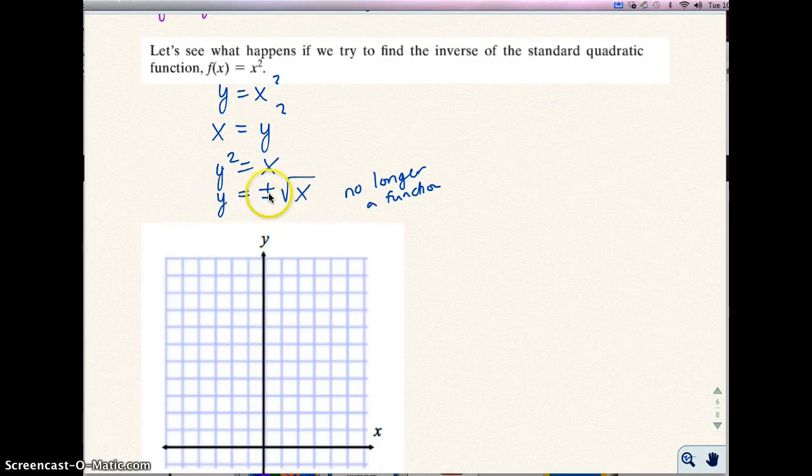I'm going to get the plus or minus there. So I have a function here. This was originally a function. But when I try to find the inverse of it, the inverse is no longer a function.